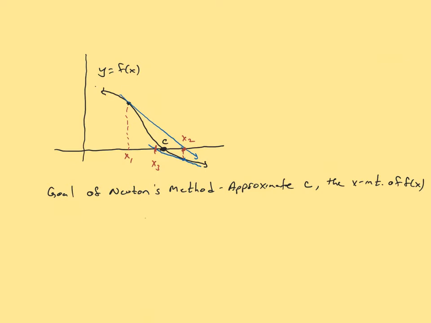And then we repeat the process over again. So at x2, we hit the curve, calculate its tangent line, and then the x-intercept there becomes x3, and we just continue this process back and forth until we get to a desired accuracy that is often going to be expressed in the problem.